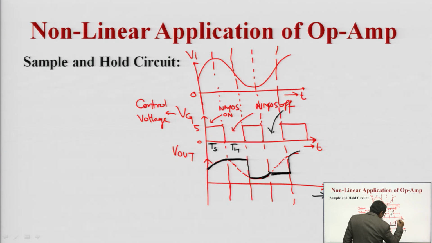Now, next is follow. This way the sample and hold circuit will work. During the sample duration the output follows the input, and during the hold duration it holds the voltage across the capacitor.